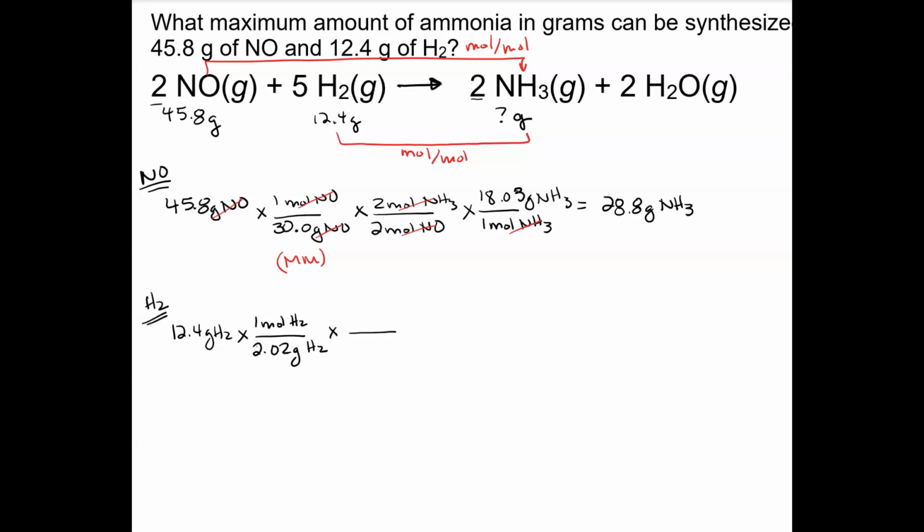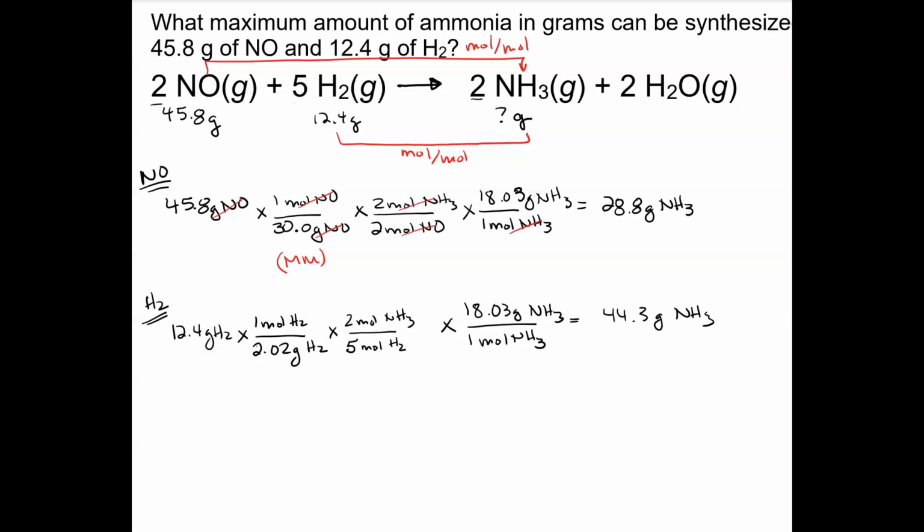I need a mole-to-mole or stoichiometric ratio, and for that I look at the coefficients. 5 moles of hydrogen are consumed in the production of 2 moles of NH3. And again, I want the mass of ammonia, so 1 mole of ammonia is 18.03 grams of ammonia. And that calculates to 44.3 grams of ammonia.